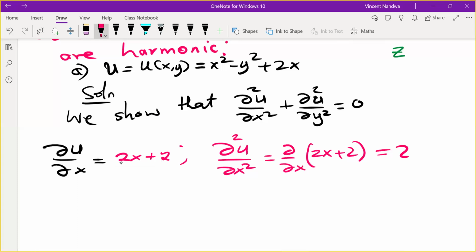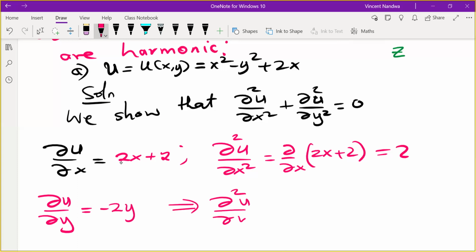And then partial u, partial y is negative 2y, which implies partial squared u, partial y squared will be negative 2.